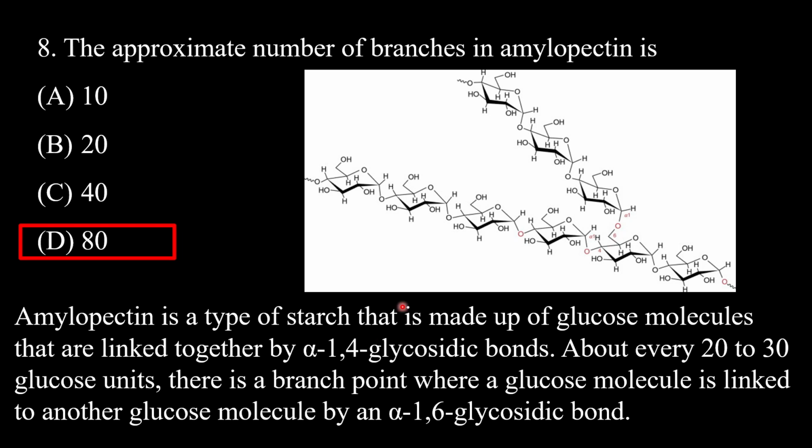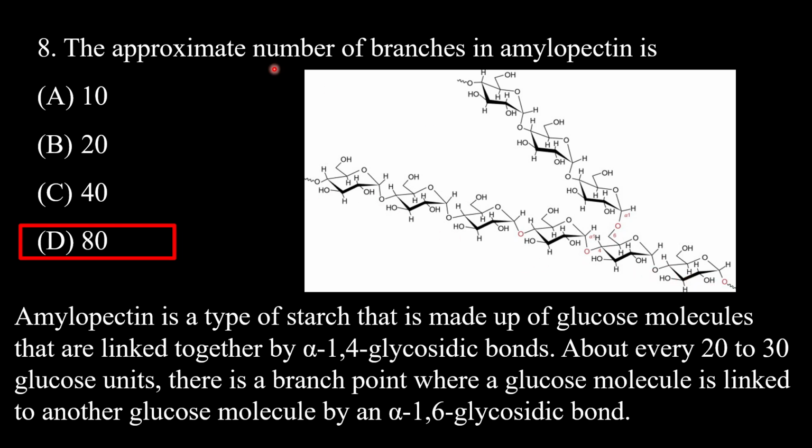These bonds are present in the straight chain, and after each 20 to 30 glucose units, there is a branch point. This is the branch point in which there is the alpha-1,6 glycosidic bond. So the branch chain is alpha-1,6 and the straight chain is alpha-1,4.